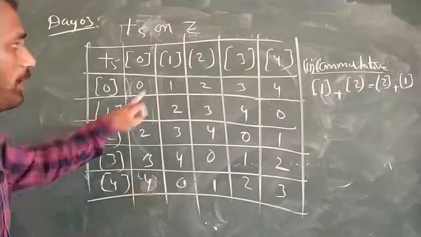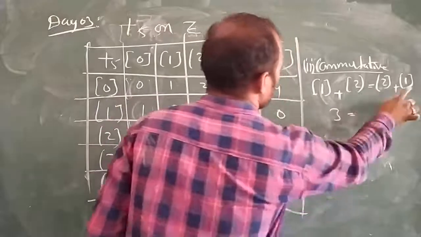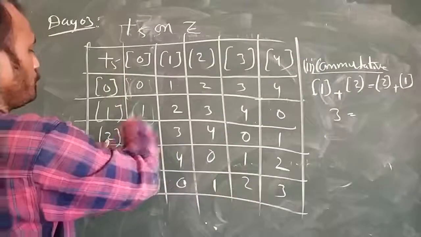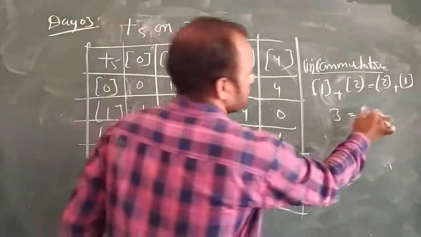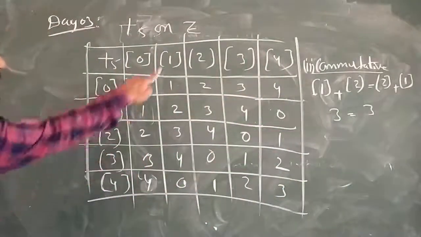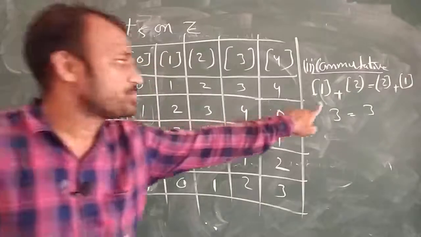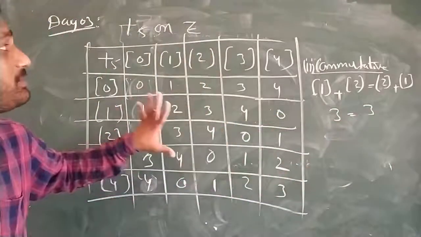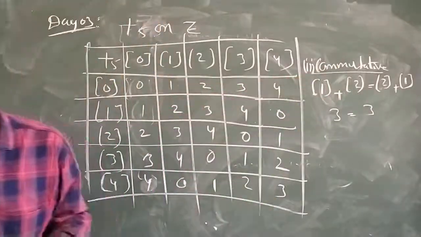If I add 1 to 2, what is the answer here? 3. 2 to 1, what is the answer? 3. So 3 is equal to 3. If you take any number, like 3 and 1 or 1 and 3, the answers will be the same. So we can say that this modular arithmetic is satisfying commutative property as well.